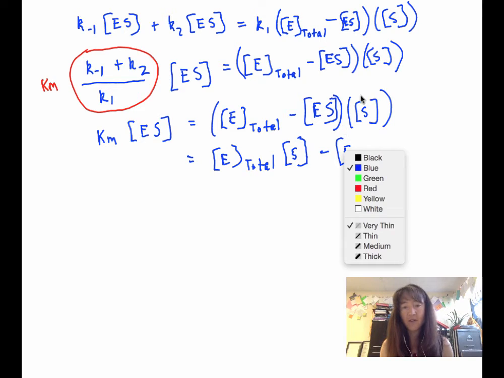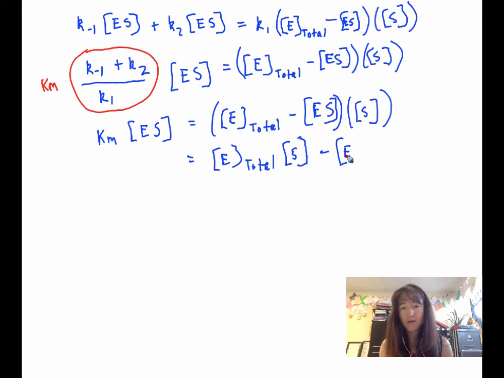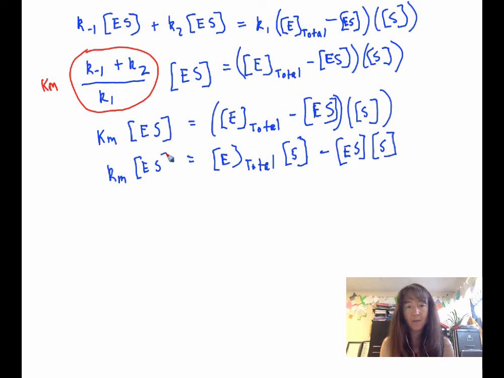My hand is going to get tired. Derivations will do that to you. Times substrate. And then, of course, over here still Km times enzyme substrate.